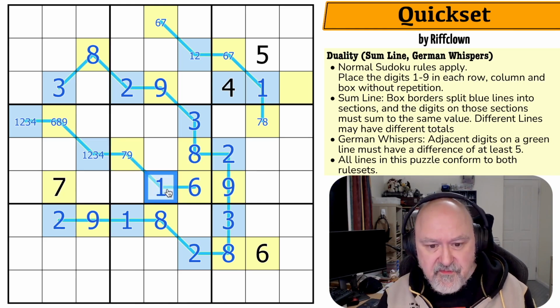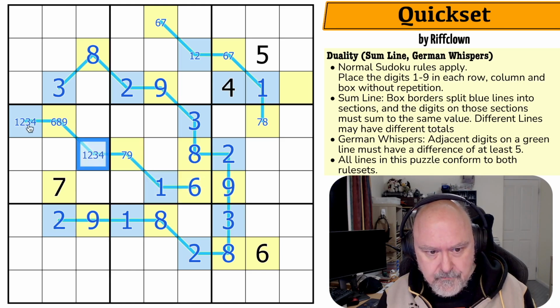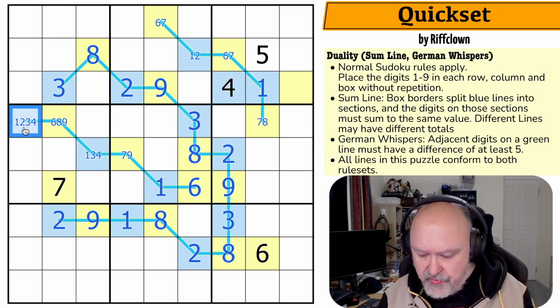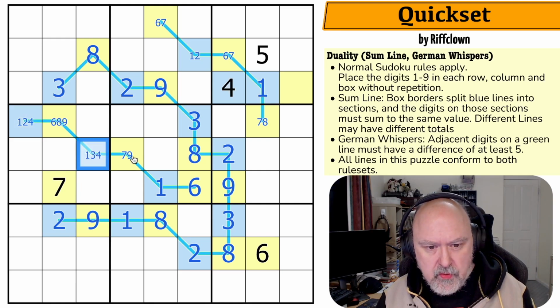So the sum is 14 or 16. 14 or 16. There's no 2 there. There's no 3 there. 4, 4, 9, 1 would get me there, wouldn't it?